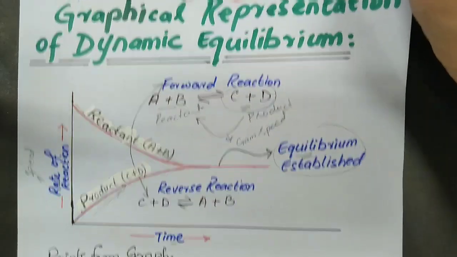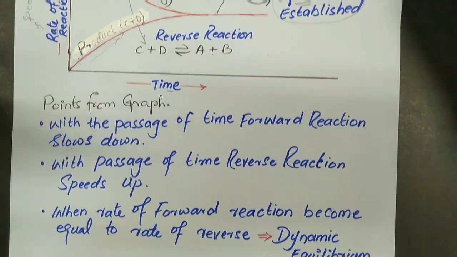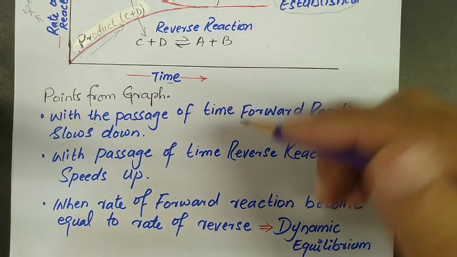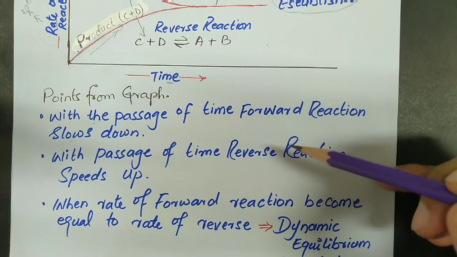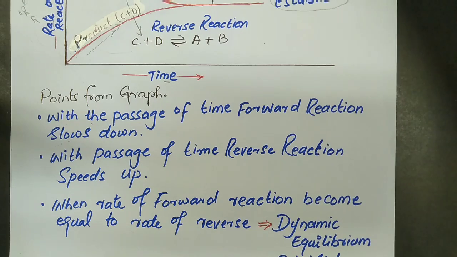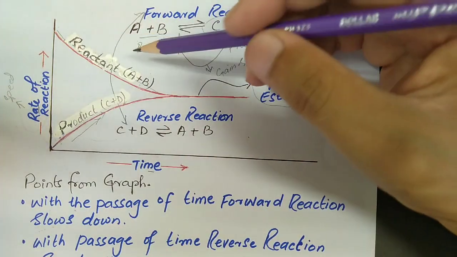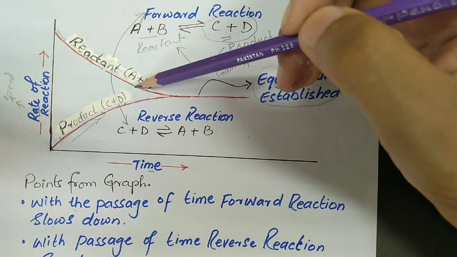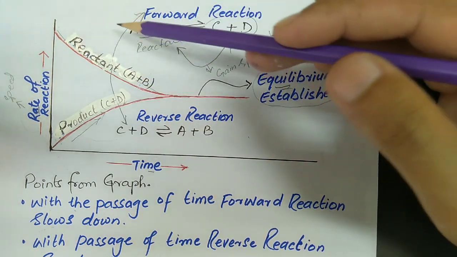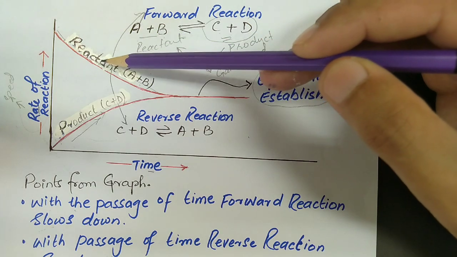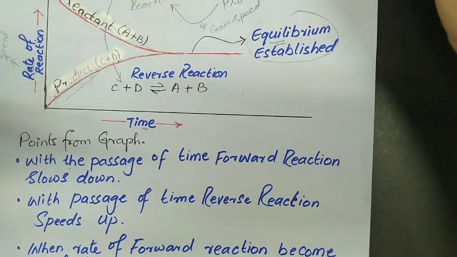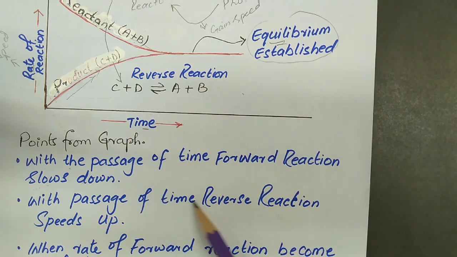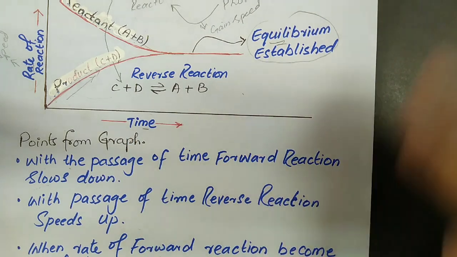The main points that I extract from this graph are: with the passage of time, forward reaction slows down. As you can see in this graph, with the passage of time, the reactant converting to the product, this reaction is slowing down. With the passage of time, reverse reaction speeds up, gains speed.